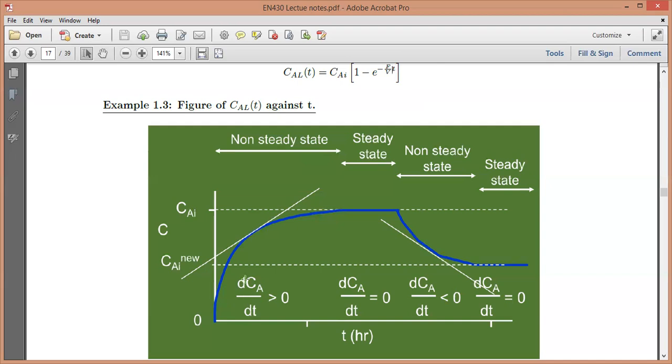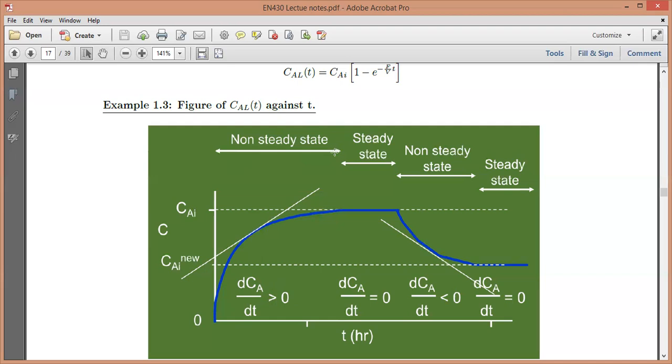So dCA over dt will be greater than 0, because from any time apart from 0, from T greater than 0, you have concentration of that Mazoe ending up in your glass of water over time. So that's now the non-steady state phase.